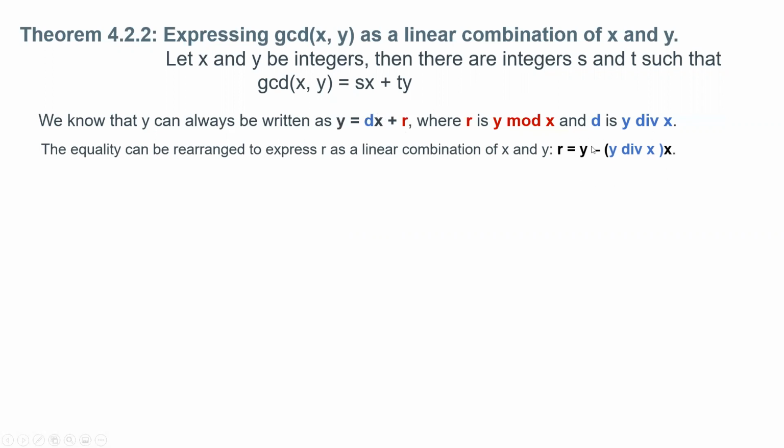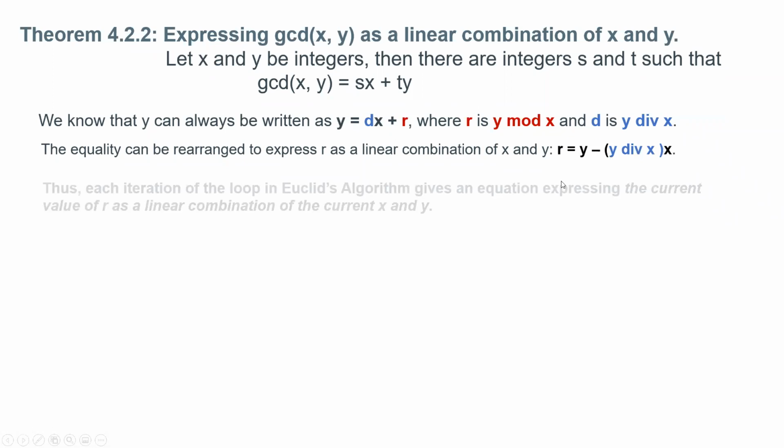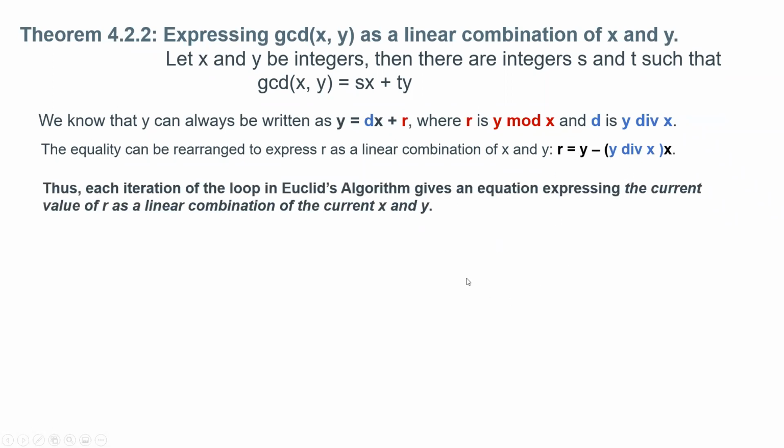R equals y minus y div x times x. This pattern is very important, and you need to start recognizing it. Right now, it looks a little weird, but you're going to use this pattern and pull it out of the top of your head over and over, hopefully. Let's look at it in the examples, and then you'll see it over and over.